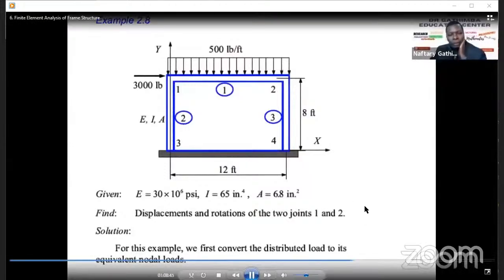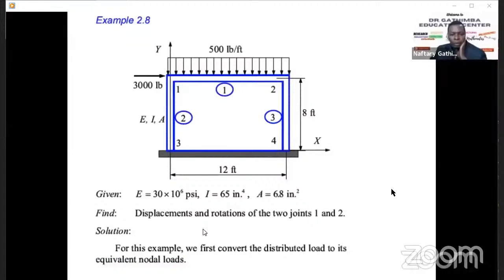But I want to show you something. So you're given a frame like this, and then you're given the values of E and I and the area, and then you are required to get the displacement and rotation at the two nodes.